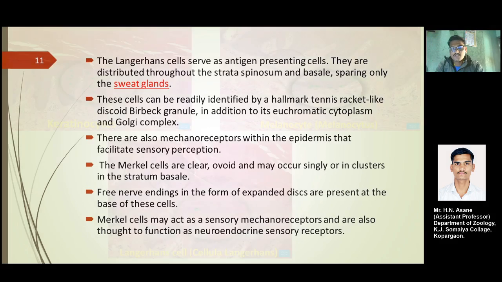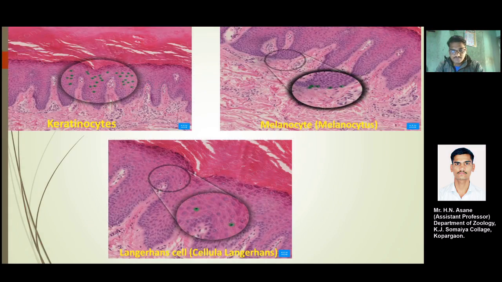As you can see in these pictures, we have already seen these cells in our topic on tissues. The keratinocytes are highlighted in the green patches that you can see in the zoom-in, and they produce the keratin.